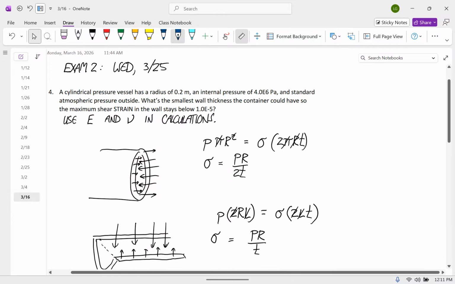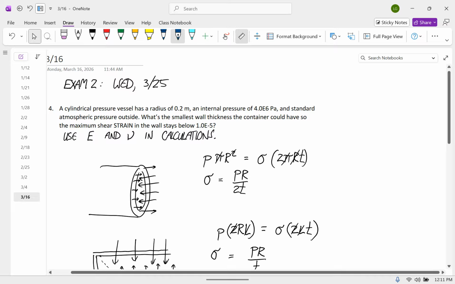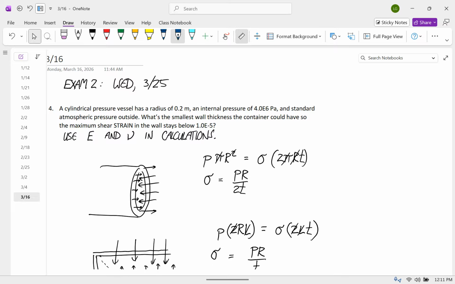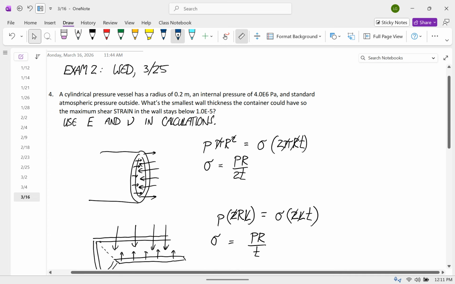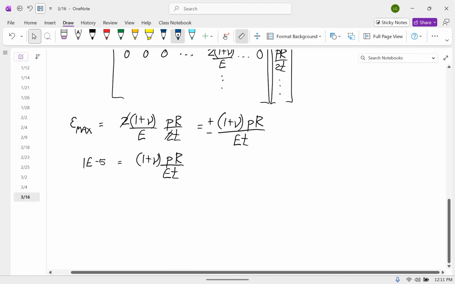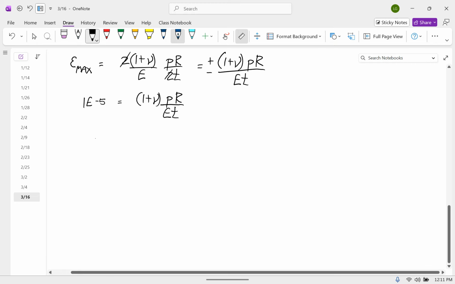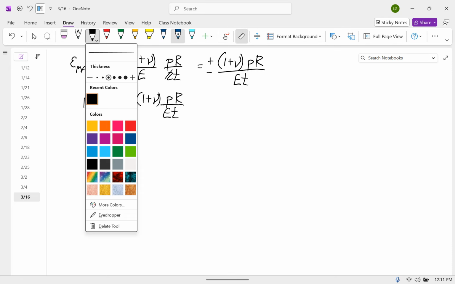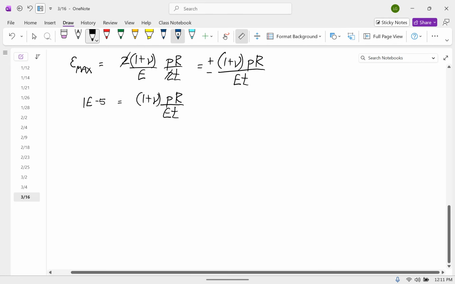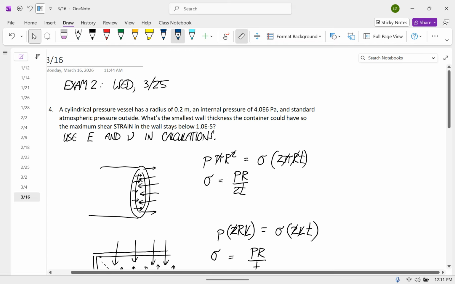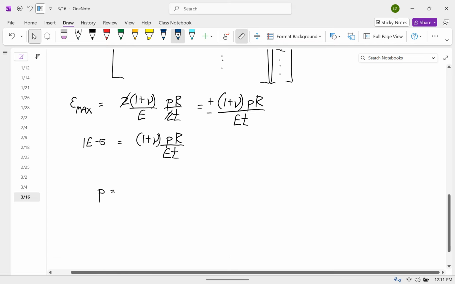And what we want to get is, what's the smallest wall thickness? We're given all this other stuff. So T is going to stay a variable. Our pressure is 4 times 10 to the 6.